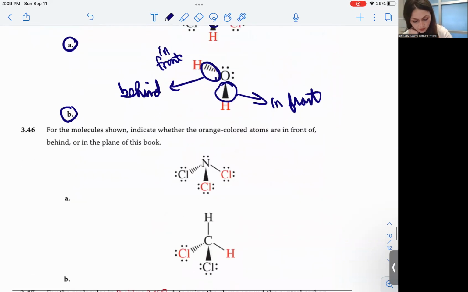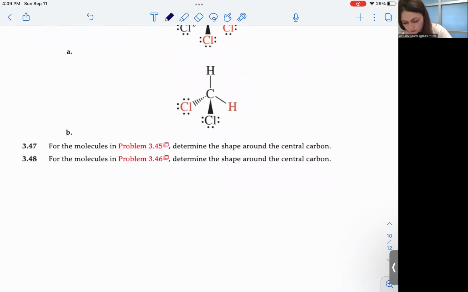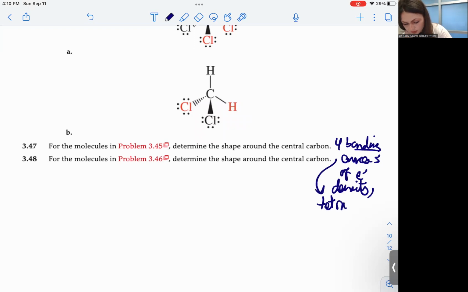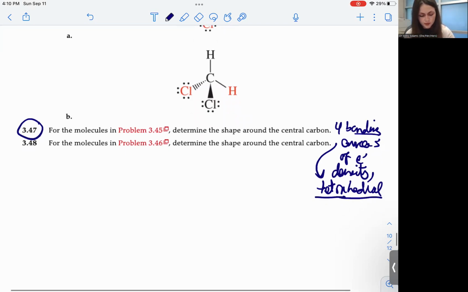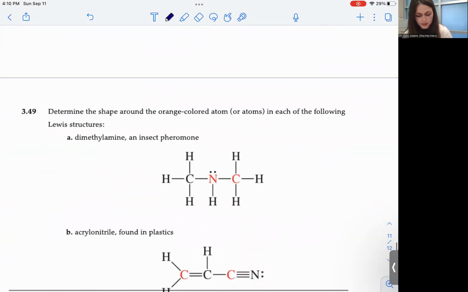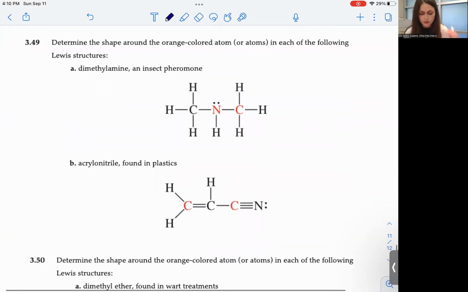So if we have 4 bonding areas of electron density, that is tetra, 4, tetrahedral. All right. Easy as pie. Just think about that chart, study it well, and understand how to name those shapes by knowing the areas of electron density.